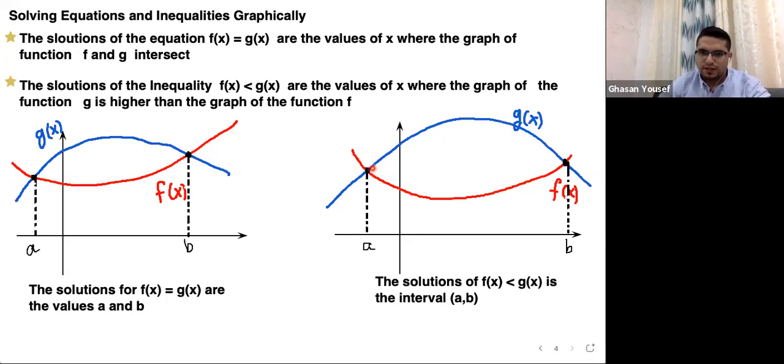All values starting from a, because the blue one is above the red one, starting from this point a and ending at this point. All these values are such that g of x is above f of x. So the solution of f of x, the red one, being less than g of x is the open interval starting from a and ending at b.